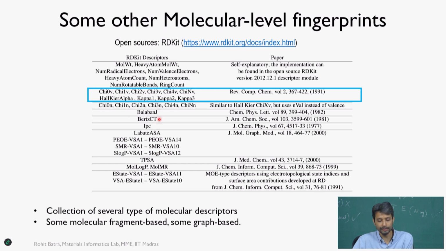There are so many different fingerprints that people have come up with, and you can also see the years. Not recent, somewhere about 20 years ago, that's when people were working a lot. This whole space is called cheminformatics. People have worked a lot on developing fingerprints for molecules, and the same things people are expanding for polymers also.